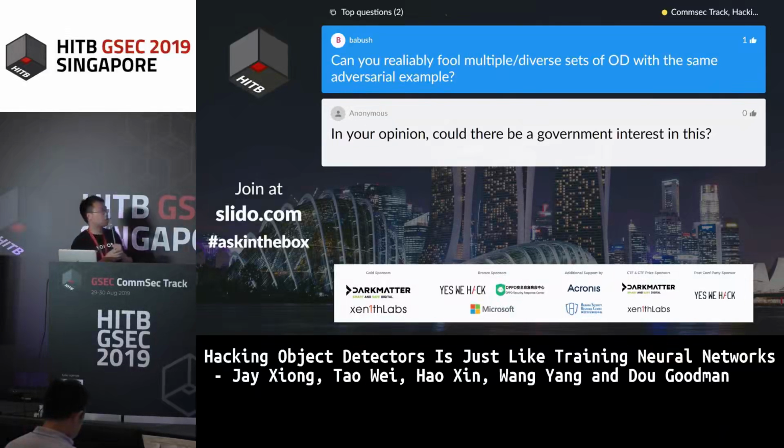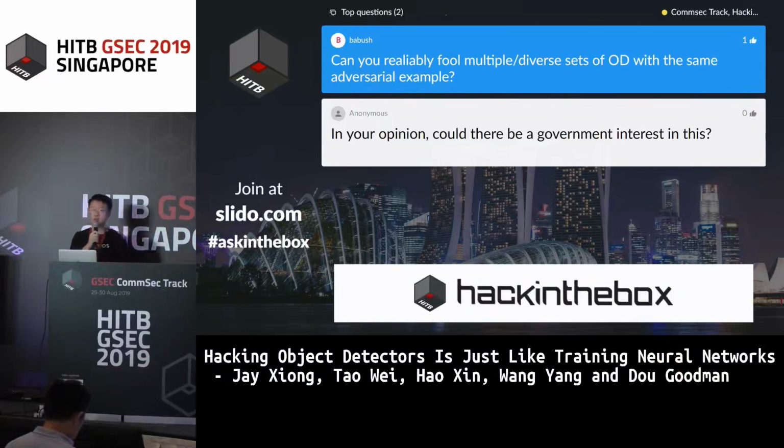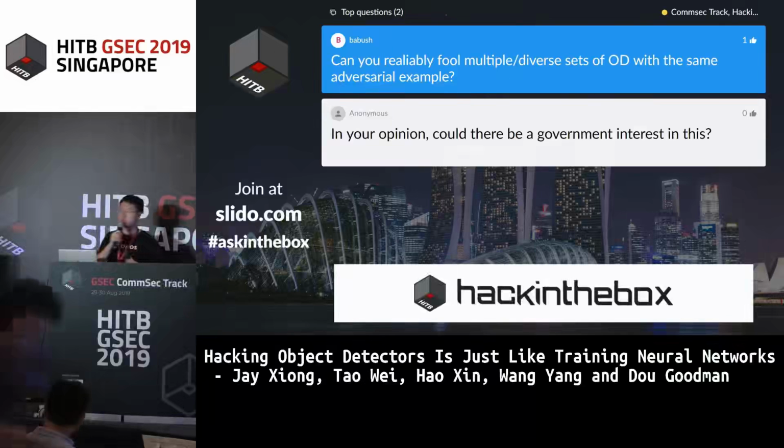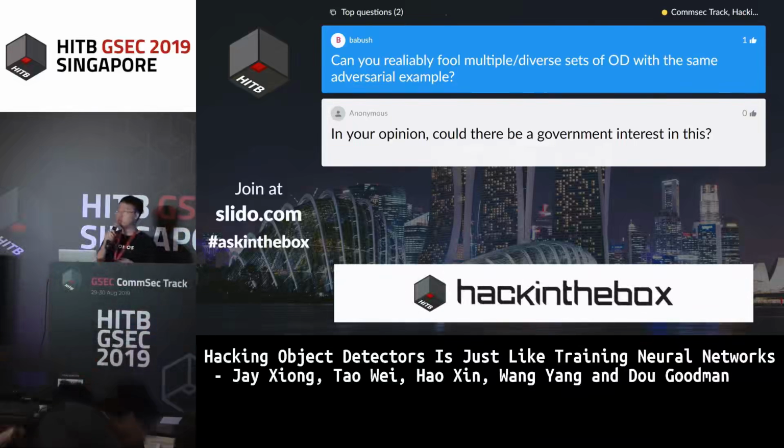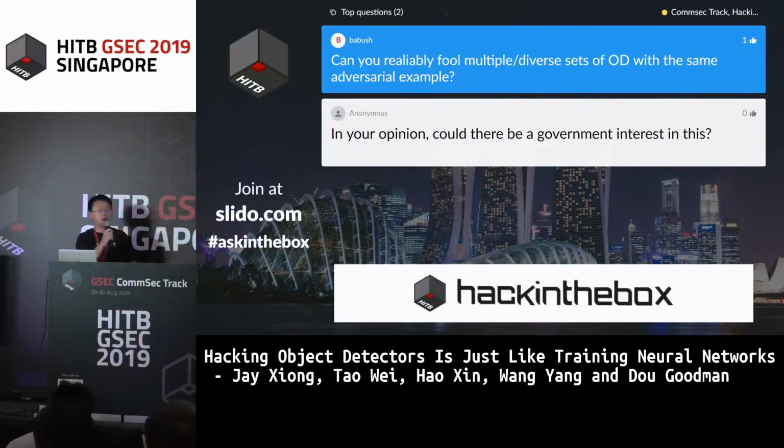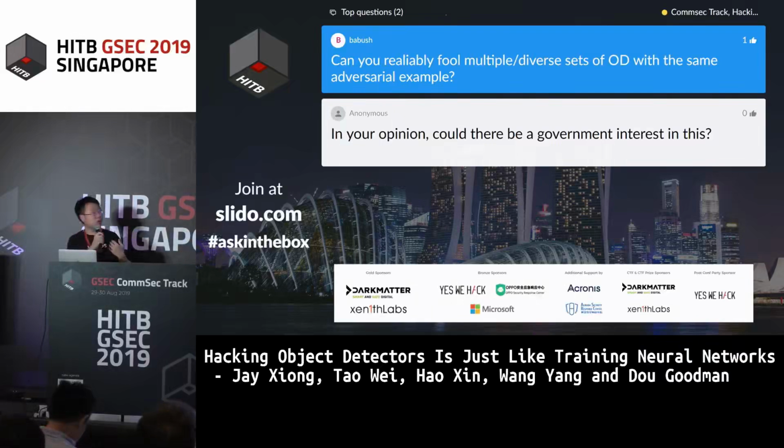Okay. So in today's slides, we didn't talk about black box attack, which is to use the adversarial sticker generated from a particular object detector to fool another one. But as far as our knowledge goes, I'd say this sticker has some sort of transferability.